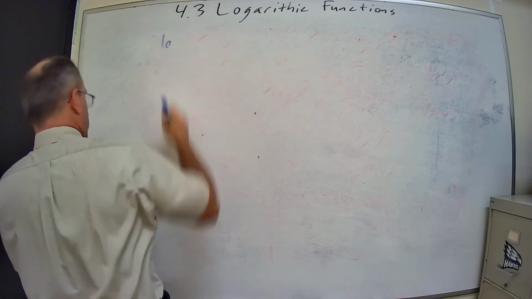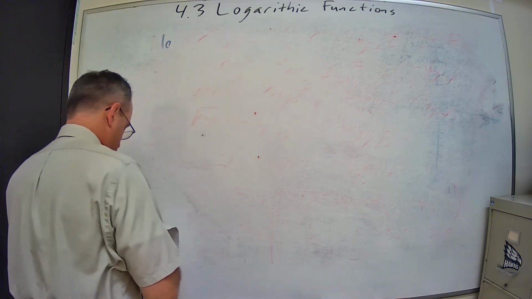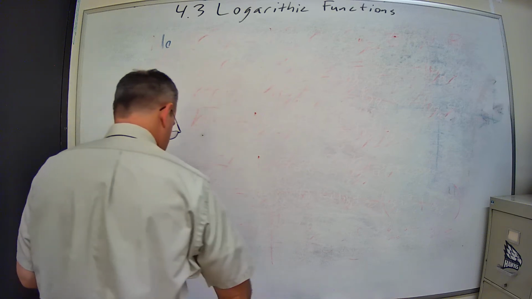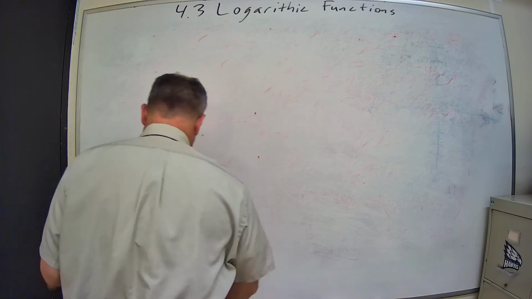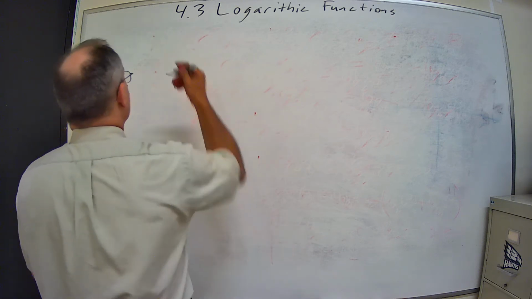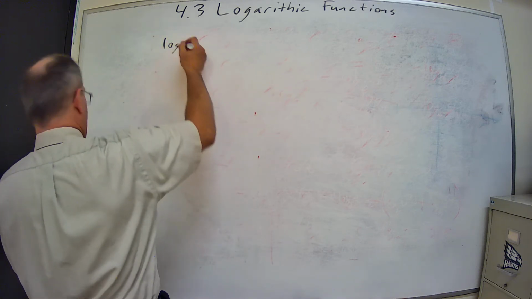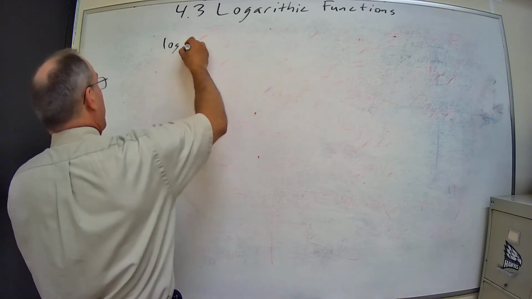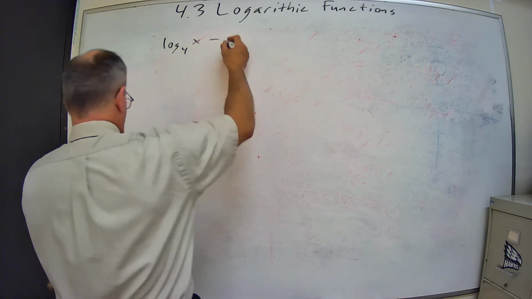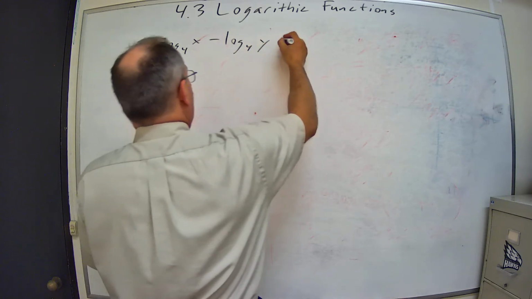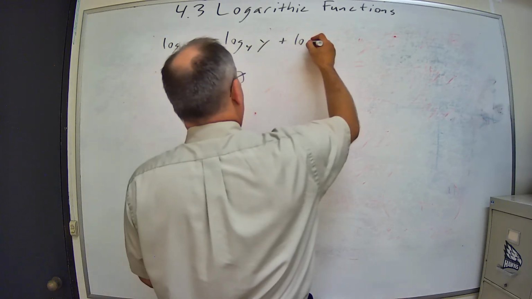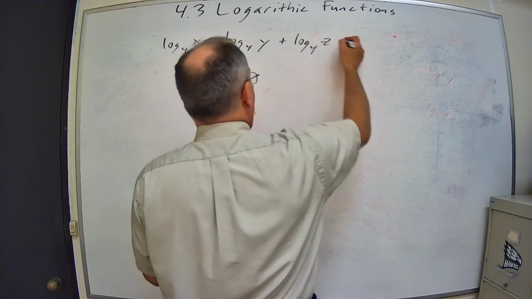So let's say log, I'm not going to use that marker. Let's see if the black one will work for me. So log base 4 of x minus log base 4 of y plus log base 4 of z.